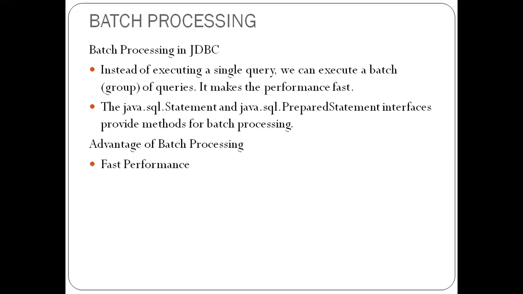While executing the batch, if any error occurs in the middle, the earlier operations are executed and the later operations are cancelled, and an exception called BatchUpdateException is thrown to the programmer. In batch processing, there is no need to pass type and mode parameters. Batch processing can be combined with transaction management.